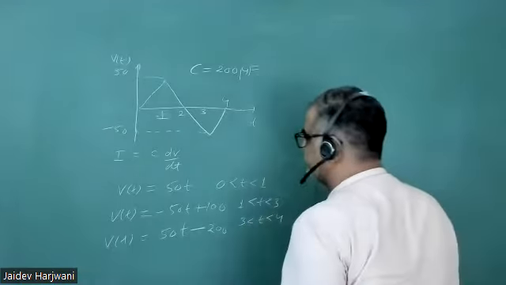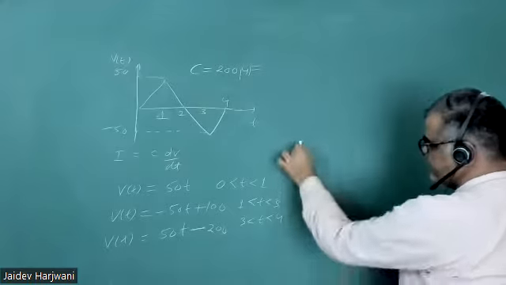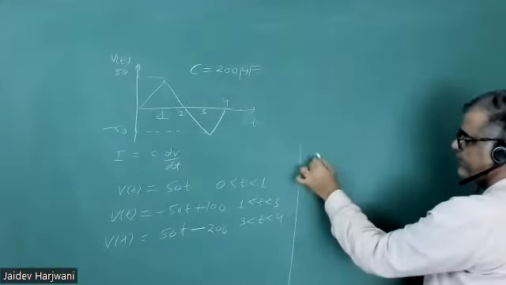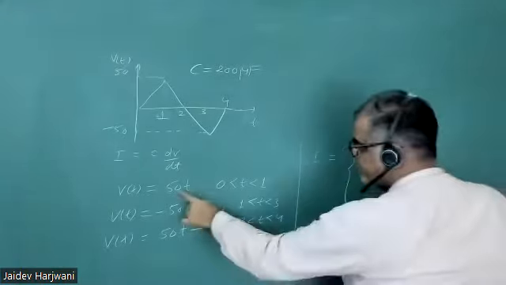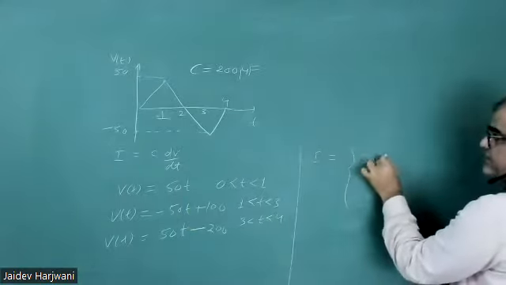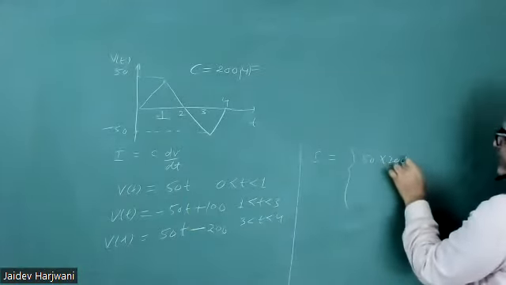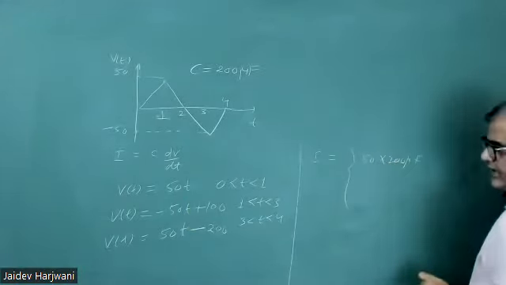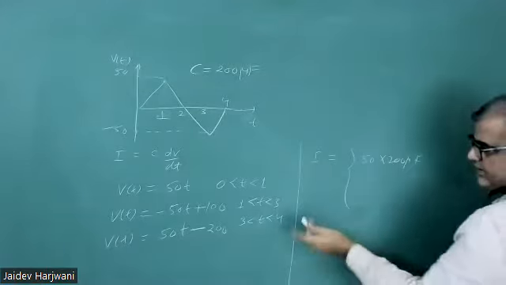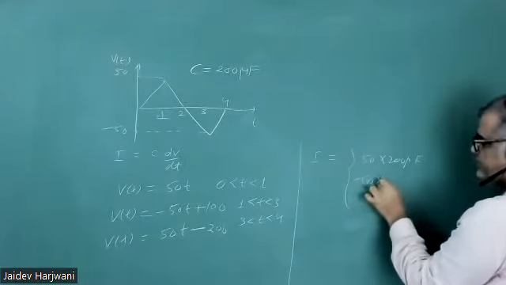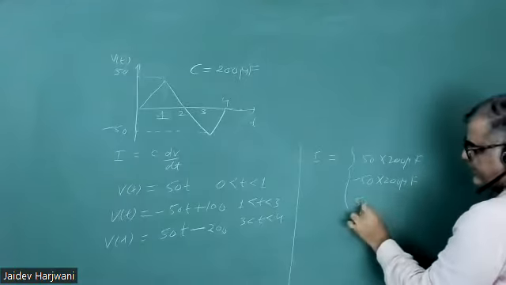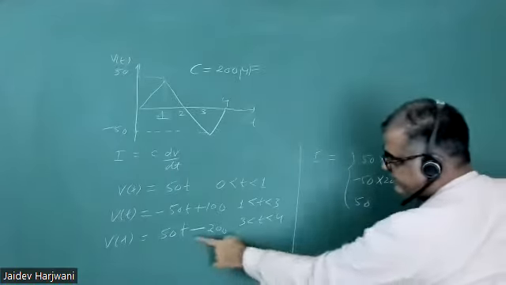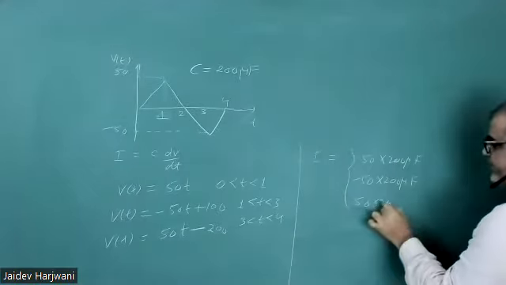This is the equation. Now you just have to find I. I is C dV by dt. So dV by dt is 50 here, and C is 200 microfarad. Similarly, for the second interval you have minus 50, C is 200 microfarad, and the third interval is again 50 with 200 microfarad.